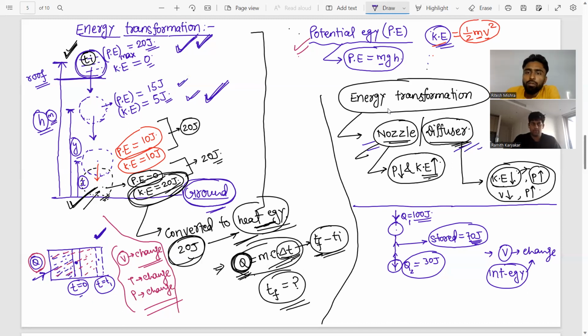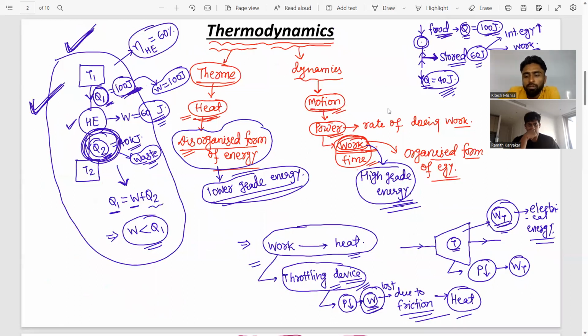Okay. Now let's revise all the concepts that I have given to you in this session. From the starting, I have told you about thermodynamics. Thermodynamics is made up of two words, therm and dynamics. Therm means heat, a disorganized form of energy. Why is it a disorganized form of energy? Because it cannot be completely converted into work. And I have given you one example of this.